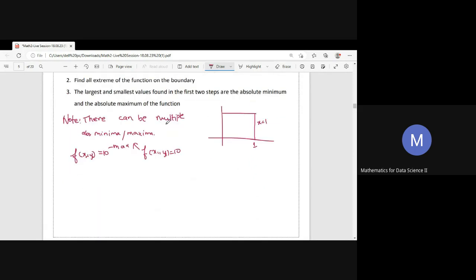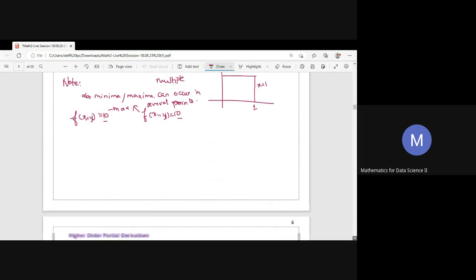Please remember, multiple absolute minima and maxima refers to the points, not the values. The maximum value is the same. Multiple absolute minima or maxima can occur at several points.